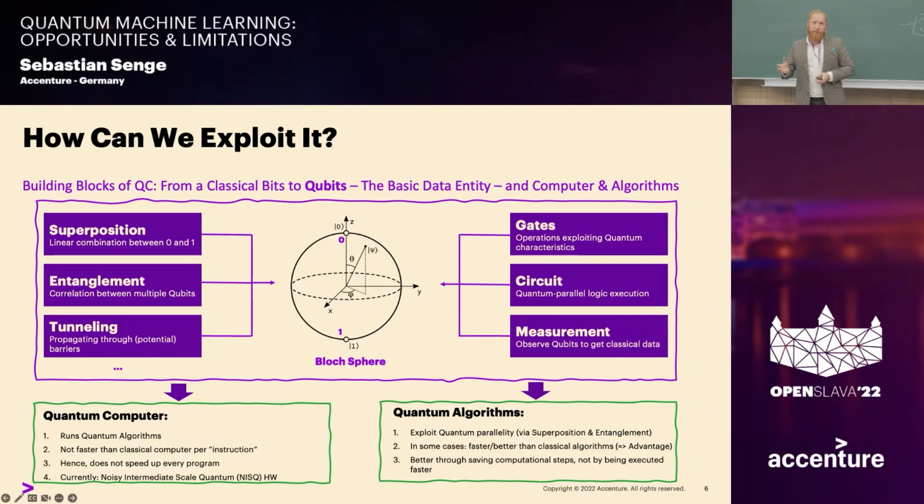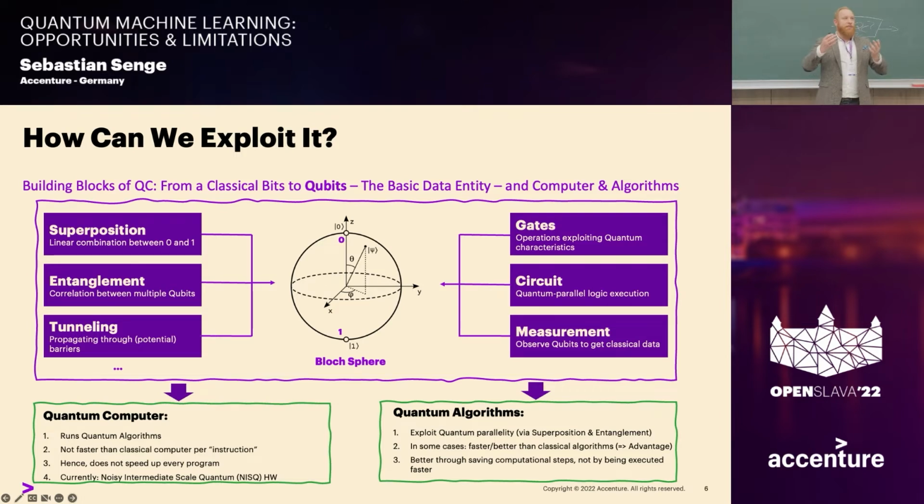Maybe you know the classical gates for classical computing, AND, OR, and so on. Similar gates, but much more complicated, also exist for quantum computing, and out of these gates, you can build circuits, and as explained in the previous talk, at the end, you can do some measurement to get information out of such a circuit.